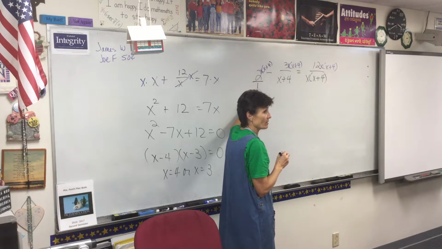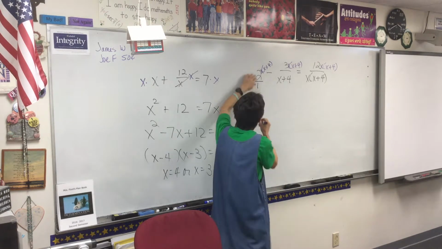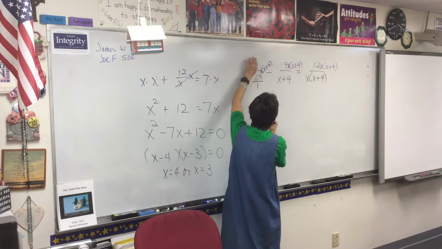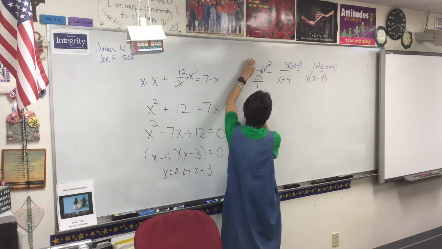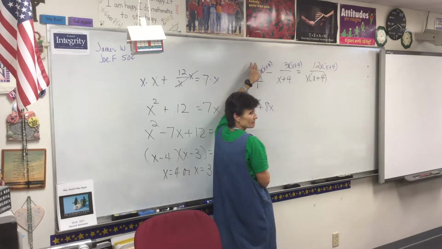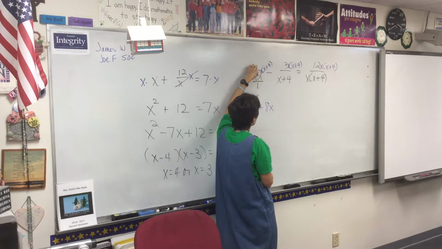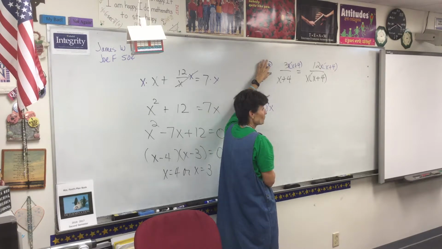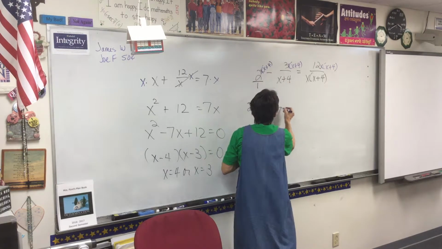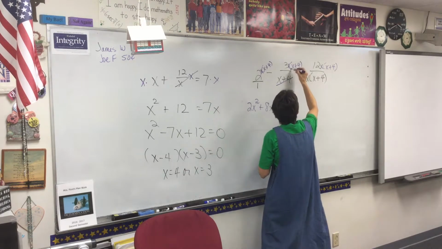Nothing cancels here. So I'm going to distribute. So that is going to be 2x squared plus 8x. 2x times x, 2x times 4. Minus, okay, now this part cancels.